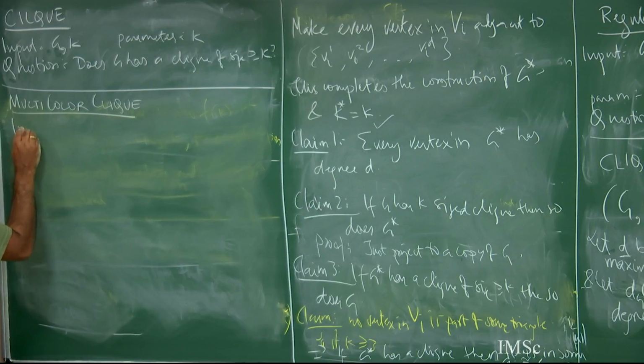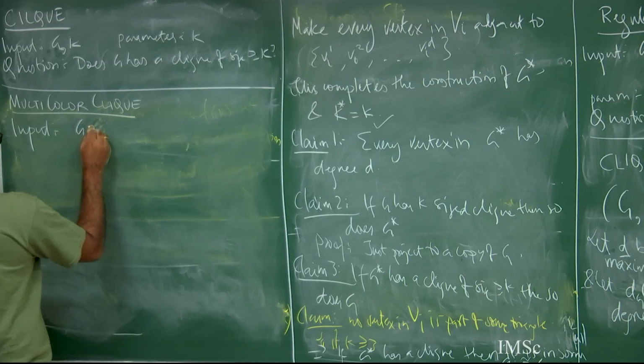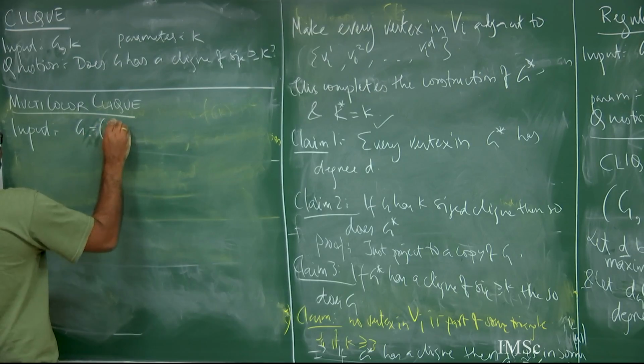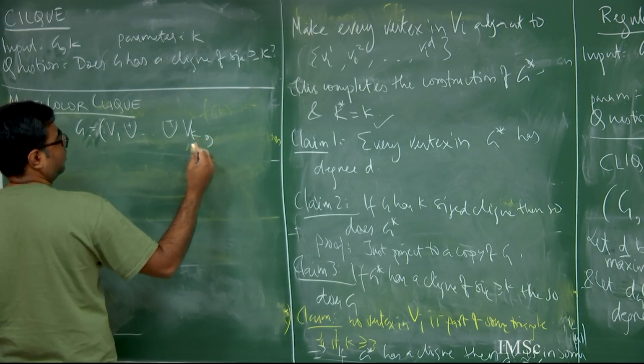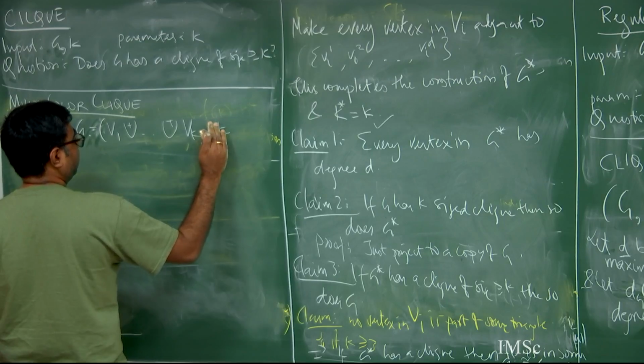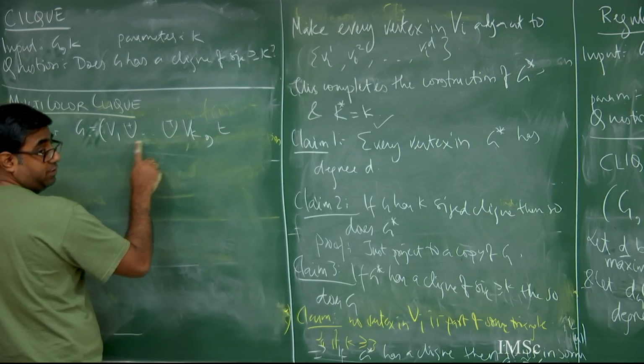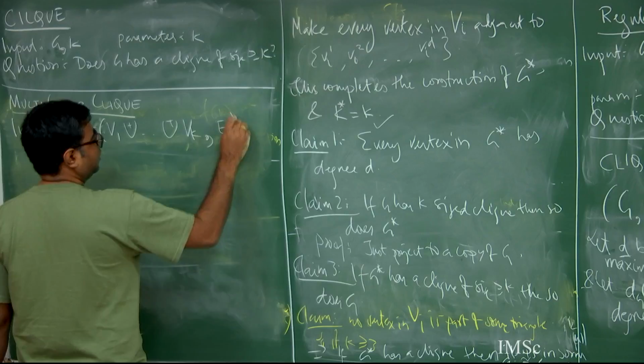The input is G, being partitioned into V1 to Vk, that is, V being partitioned into V1 to Vk, and E, and a number K.